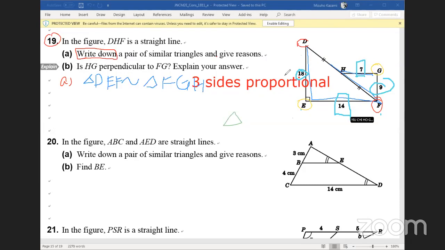Now, how do you know three sides proportional? Now, let me clear the drawing first. Yeah, I know, three sides proportional. In what? What did you write, Adrian? Cannot see clearly.